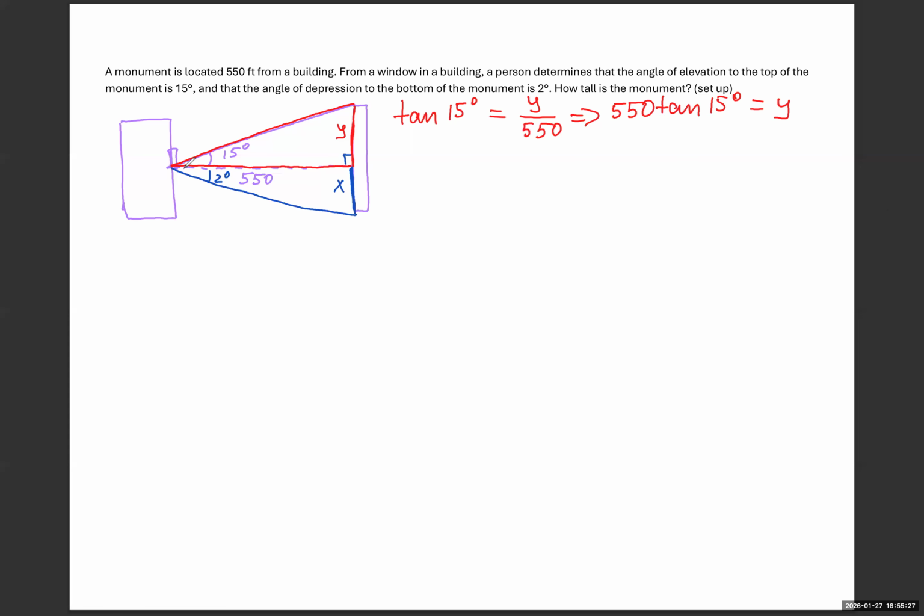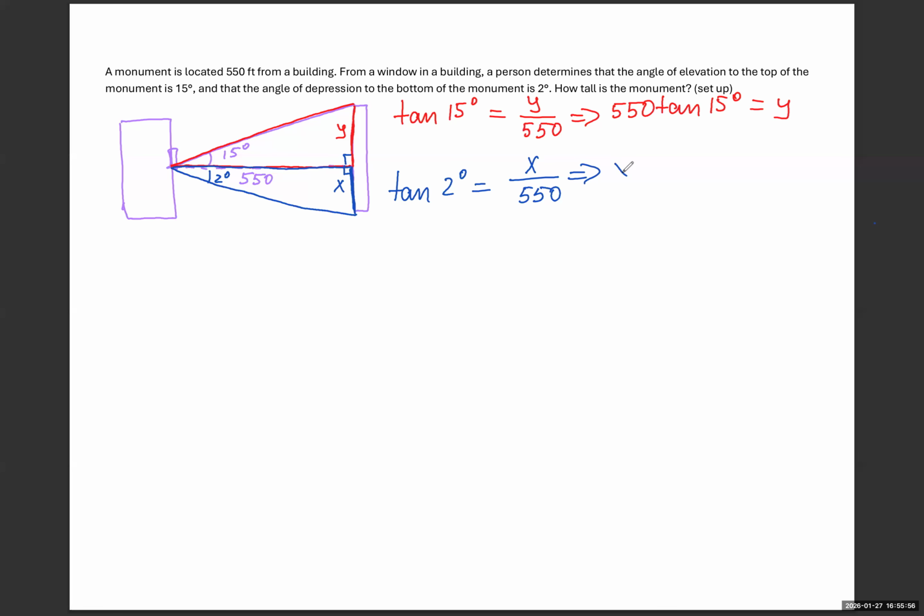So the second triangle is this triangle right here. It's also a 90-degree angle here, so it's a right triangle. We now have a 2-degree angle. The 550 side is shared between the two triangles. So we still have a tangent function, tangent of 2 degrees this time. Opposite side, which is x, divided by the adjacent side, which is 550.